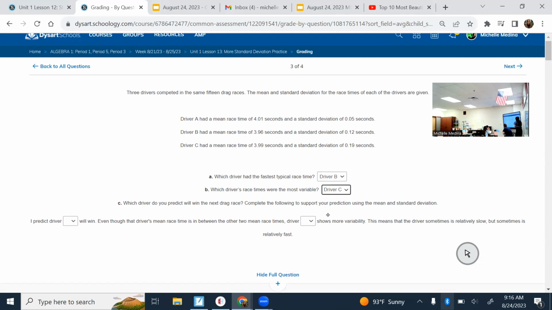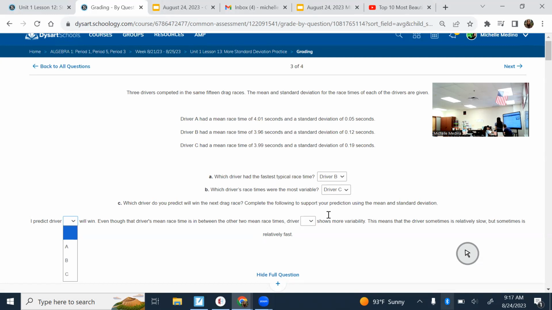Now, what driver do you predict will win the next drag race? I feel like that's open to interpretation, but they do say use the mean and the standard deviation. And I feel like this would be justified in a number of different ways. What did you guys say? Okay, so let's see.